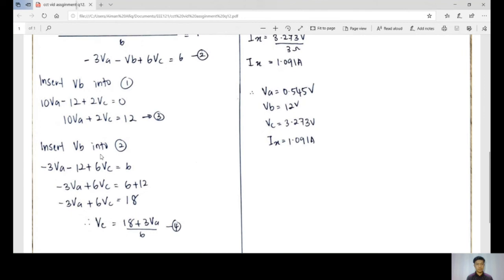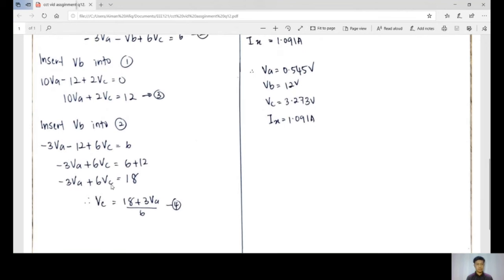Then we insert VB into equation 2, and we get negative 3VA minus 12 plus 6VC equal to 6, and we move the negative 12 to the right side, and we get negative 3VA plus 6VC equal to 6 plus 12.